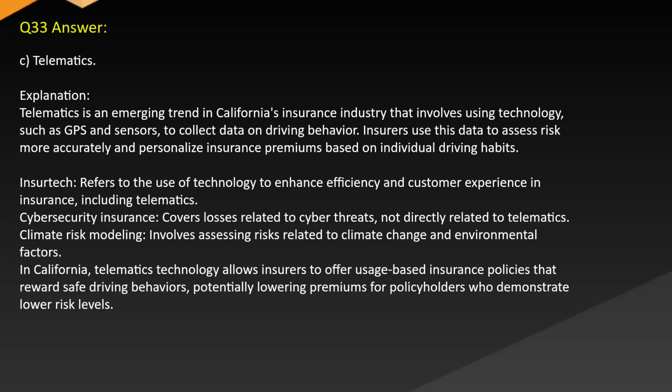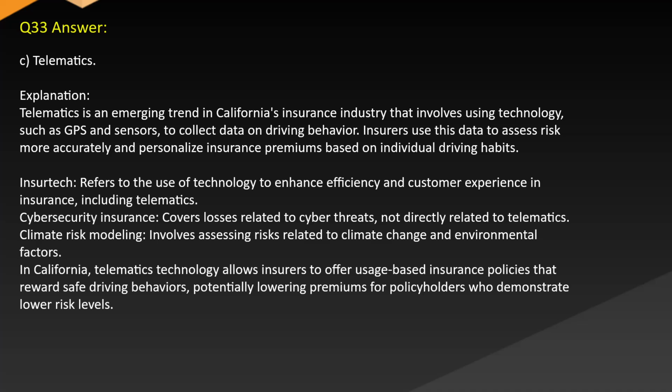Answer: C. Telematics. Explanation: Telematics is an emerging trend in California's insurance industry that involves using technology such as GPS and sensors to collect data on driving behavior. Insurers use this data to assess risk more accurately and personalize insurance premiums based on individual driving habits. InsurTech refers to the use of technology to enhance efficiency and customer experience in insurance, including telematics.